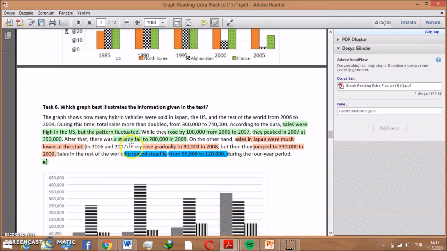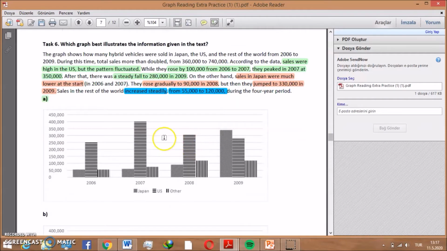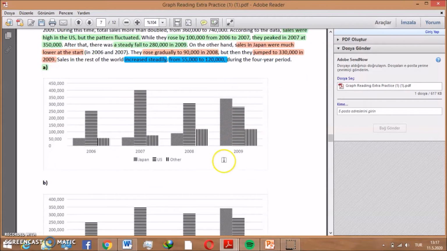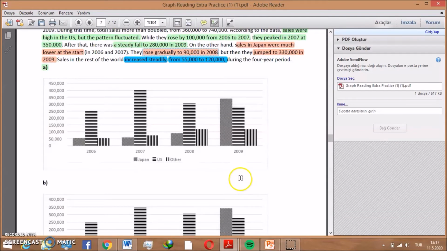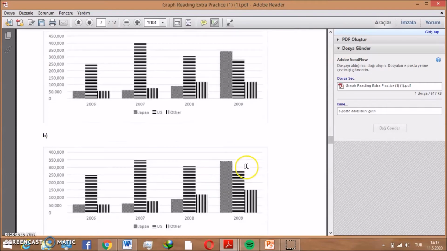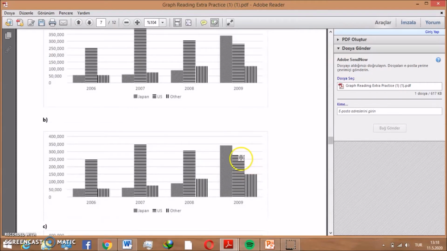After that, there was a steady fall to this in 2009. Steady fall means it is falling all the time. So it is falling here, it is falling here. So let's check. It needs to fall to this number in 2009. 280,000. Let's check.